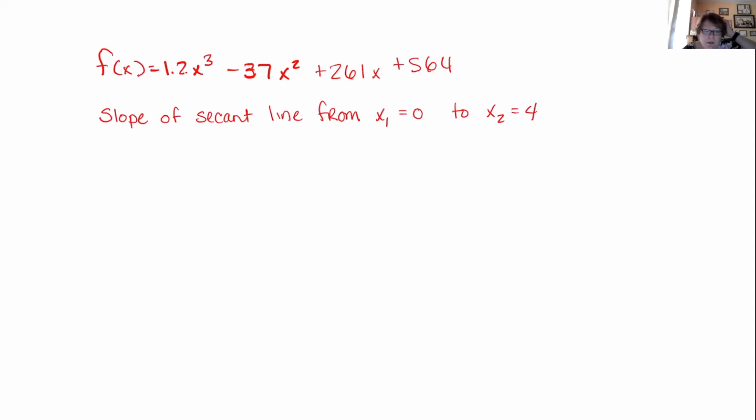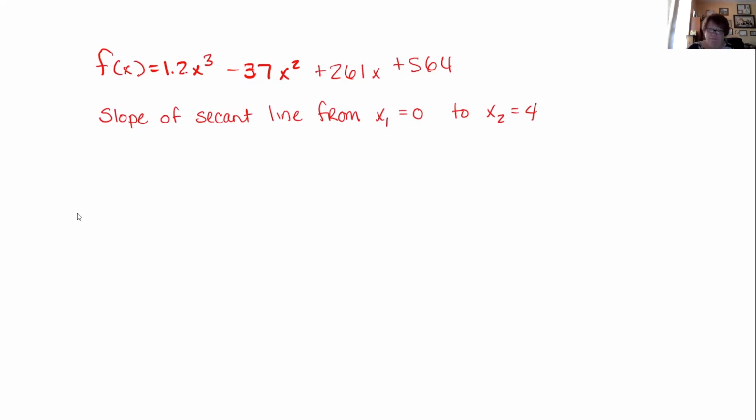Let me go back to the problem. Always a good idea to have the problem available so I can look at it. It's not negative, it is positive 1.2. Make sure I got it written down correctly. Just doing a quick double check of everything I have written down, 0 to 4. Okay, so we're good to go.